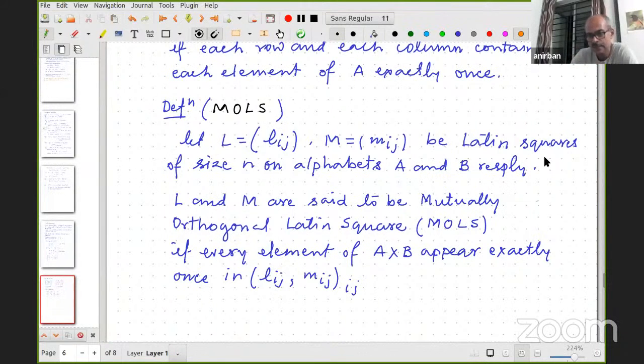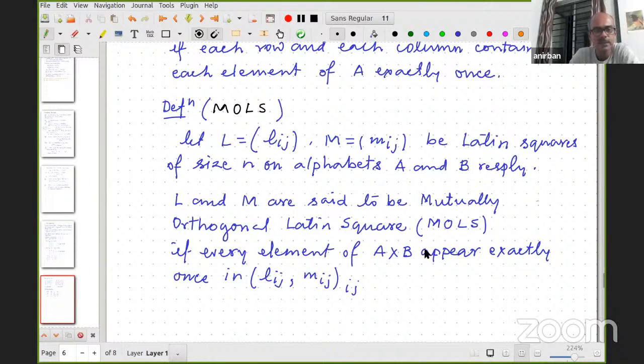If you just combine these two, like taking a product, and make a list of all these tuples (l_ij, m_ij), with i and j both running from 1 to n, and each element of A cross B appears exactly once, then we call these two Latin squares mutually orthogonal.